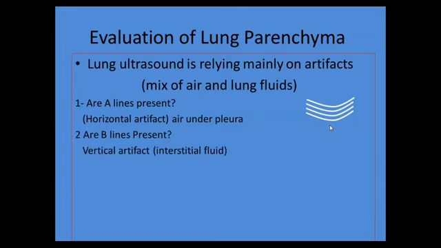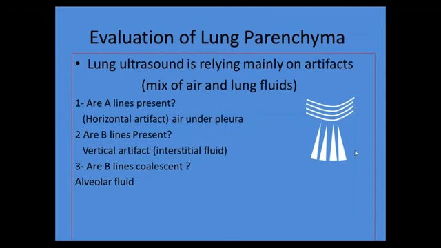The second artifact is a B-line artifacts, or vertical artifacts. This is reflecting interstitial fluid, and the most common example in our neonatal population is transient tachypnea of the newborn, TTN.